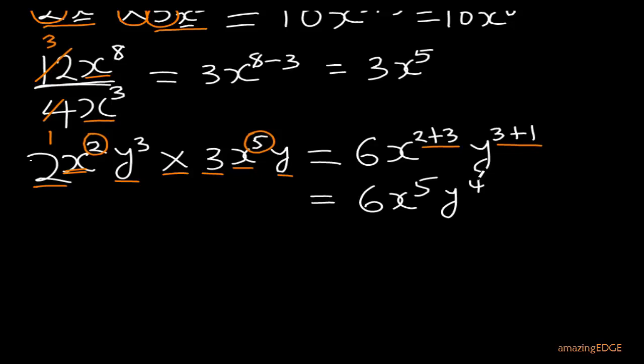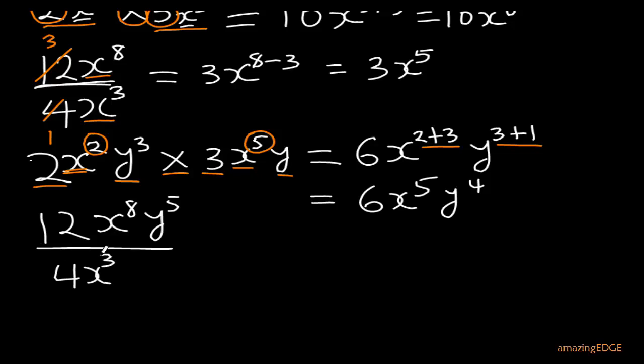Okay, so let's look at another example. Supposing we have something of this nature. Let's look at something involving division. So we have 12x raised to power 8 times y raised to power 5 divided by 4x cubed times y squared.